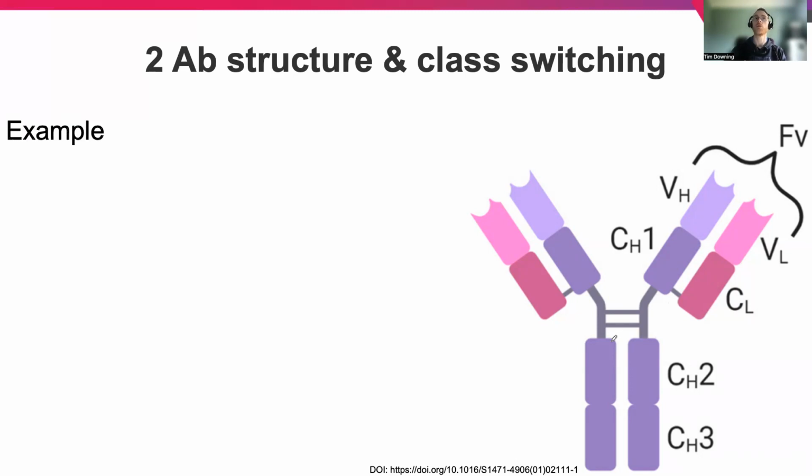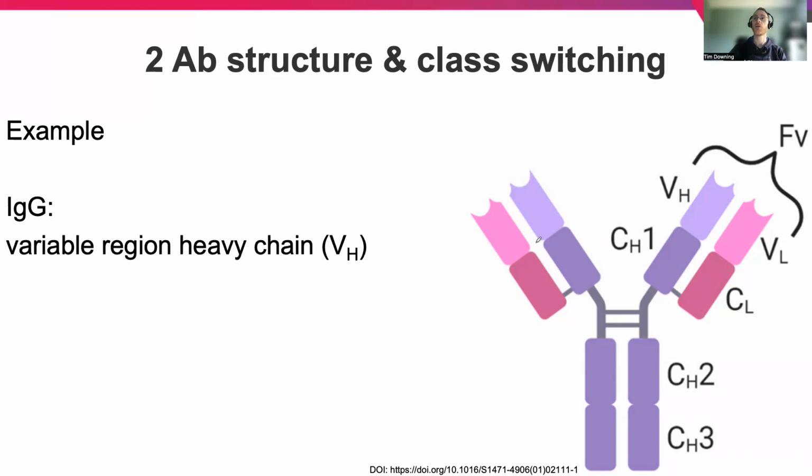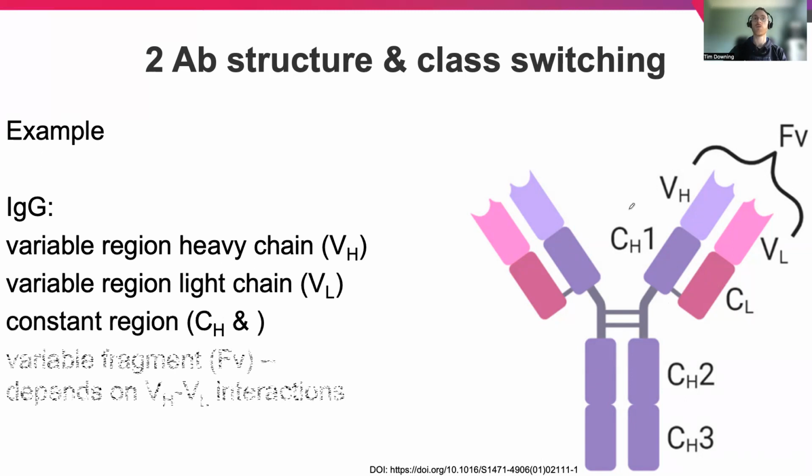This structure shows IgG, with the heavy chains shown as part of the Fv region, and the constant regions. The molecules to which this variable fragment binds are determined by the heavy chain and light chain interactions.